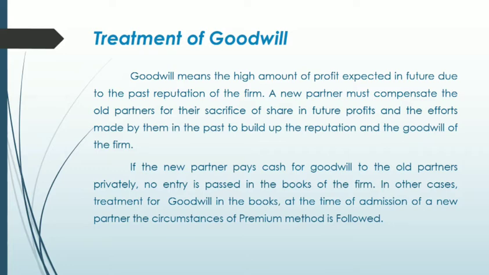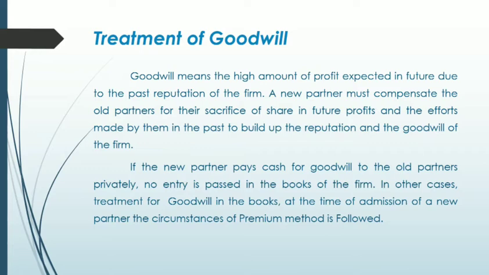A new partner must compensate the old partners for their sacrifice of share in future profits and the efforts made by them in the past to build up the reputation and the goodwill of the firm. It means the new partner is bringing his amount of goodwill for the sacrifice of the old partners, because old partners are sacrificing their profit in future. So it is the compensation provided by the new partner to the old partners.